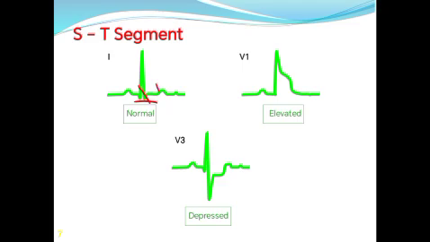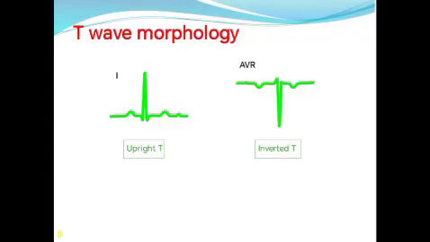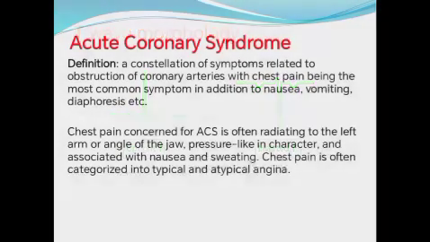This is an elevated one and this is a depressed one. About the T wave, here is the normal T wave. It is upright and asymmetrical, and normally the T wave is inverted in aVR. Here this is lead one, and this is aVR.